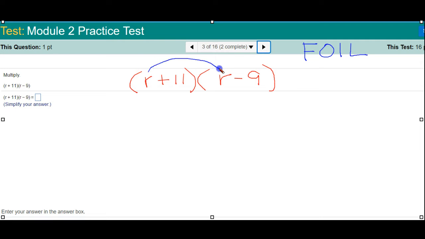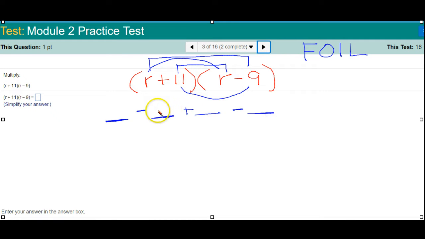So this times this will give you this term. Then your outers give you this term, and that's going to be a negative something. Your inners give you a positive something, and then your last will give you a negative something. And these two terms are like terms, so you will combine them and end up with a trinomial.